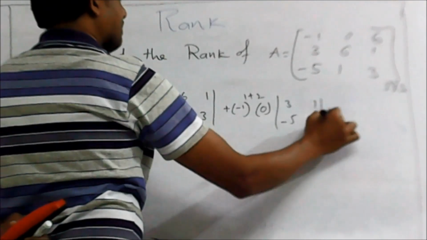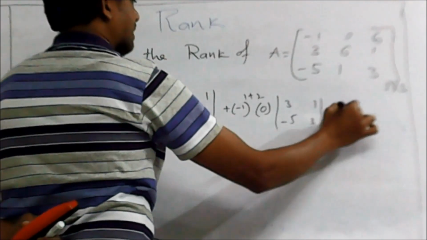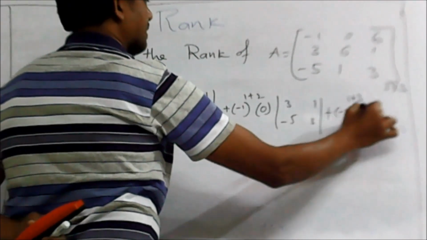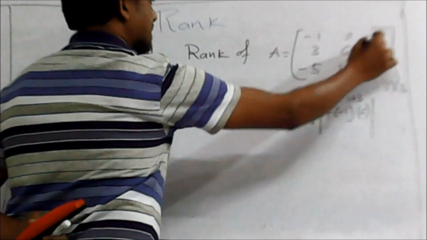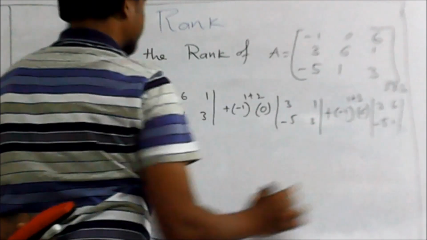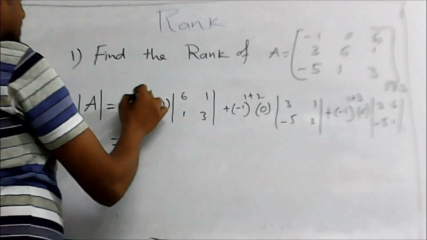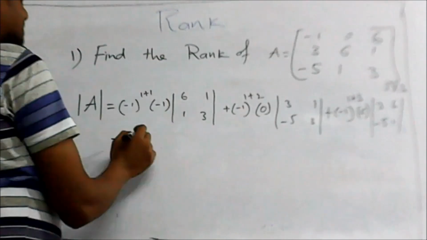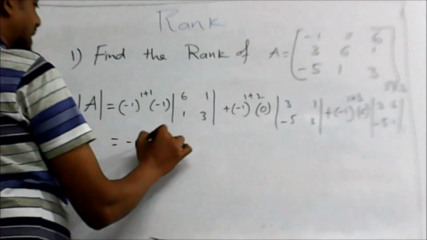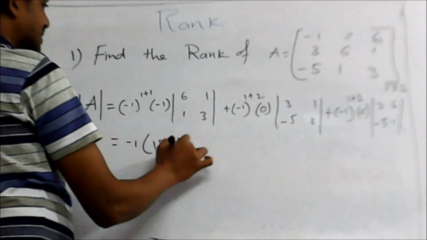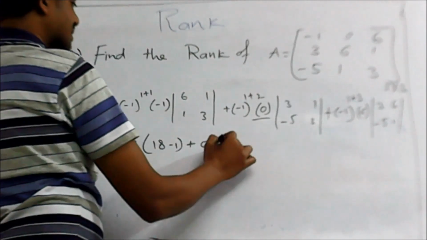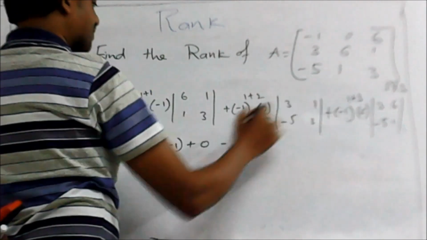The third element is (-1) to the power 1 plus 3, first row third column, for 6, and the minor of this 6 is 3 6, -5 1. So (-1) to the power 2 means positive, and then the 2 by 2 determinants are computed as ad minus bc: 18 minus 1. The second element contains 0, so that term becomes 0. For the third element, (-1) to the power 4 means positive.